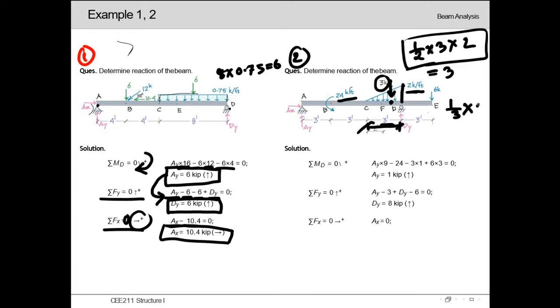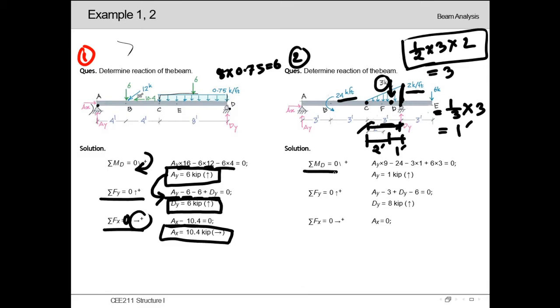Total length over here is 3. From this increasing side, the distance will be 1/3 times 3, so it will be 1 feet. So from the increasing side it is 1 feet, and we can see here total is 3 feet. So from the decreasing side, or from point C, it will be 2 feet. Lastly, at point E, there is an external point load of 6 kip.